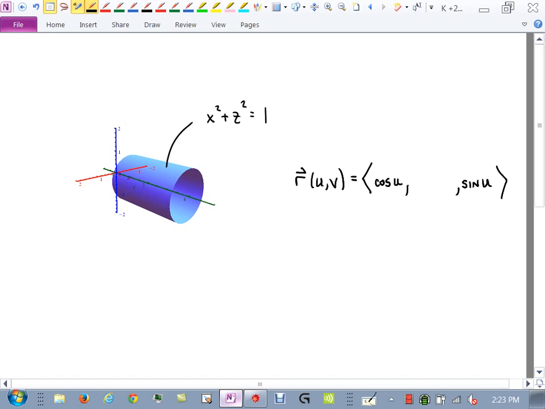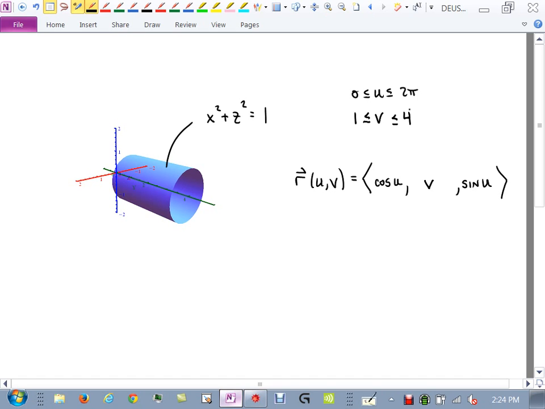Do you agree that if I let my u vary between 0 and 2 pi, then I'm going to start drawing circles like that? Circles that'll be parallel to the xz plane. Now what I need to do is be able to move that back and forth and call the y component v, exactly. And then v varies between, what was it, 1 and 4? Good. Does that make sense?